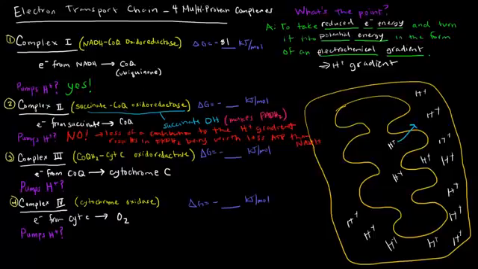And this process here, you'll notice, is actually much less exergonic than complex number 1. Complex number 2 is still exergonic, but it only releases 13.5 kilojoules per mole. So this is a key idea that we'll probably talk about in other videos as well.